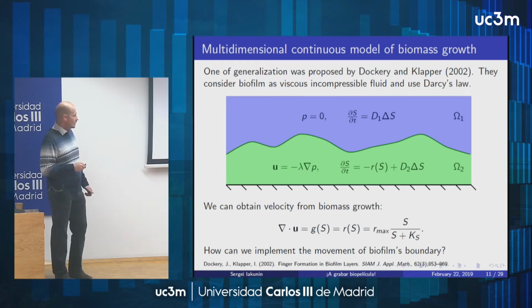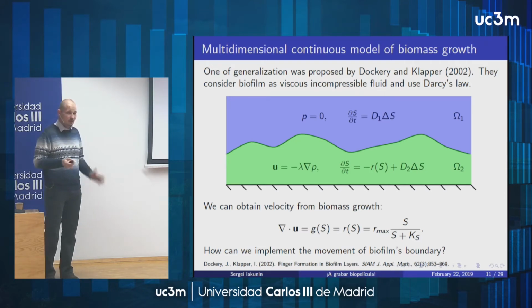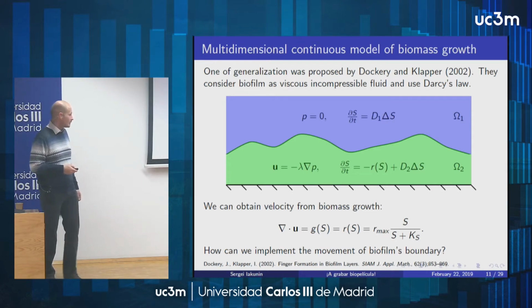Finally, the velocity of biofilm can be given similarly as we did for the 1D case. In the 1D case we had just a derivative, here we have divergence, and divergence of velocity is given by production of extracellular matrix, which in this case we set equal to the utilization rate of substrates. It means that all substrates used by bacteria are used to produce extracellular matrix.